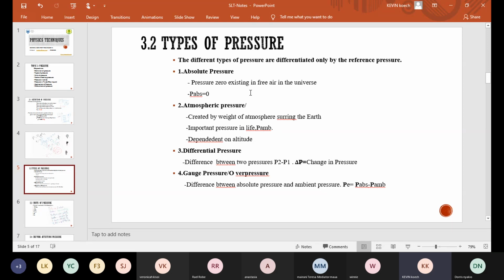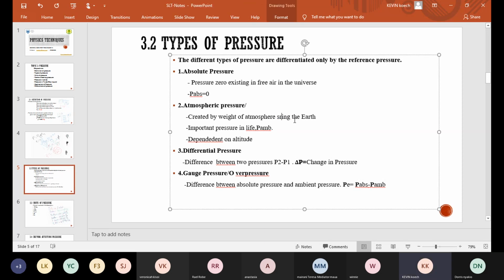Number two, we have what is called atmospheric pressure, ATM. This pressure is created by the weight of the atmosphere, which is surrounding the earth.